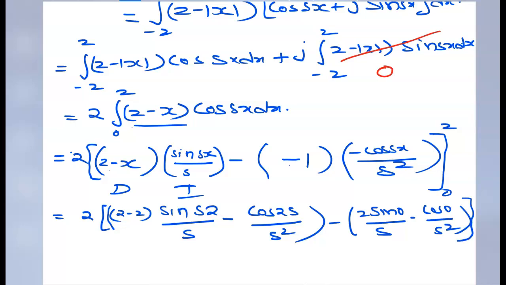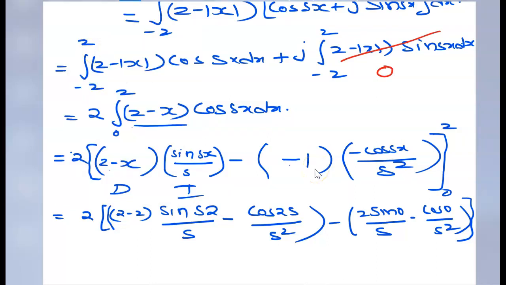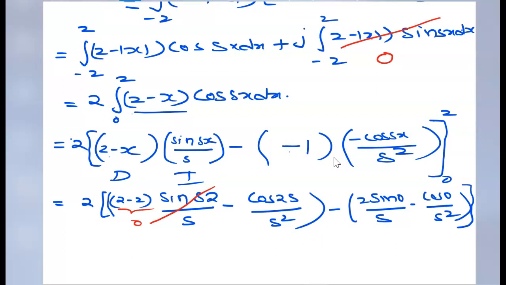Okay, 2 minus 2, which I can cancel here, is 0. 0 multiplied by anything goes away. And one more you can cancel, sine 0. What is the sine 0 value? This value is 0. 0 multiplied by anything is equal to 0.